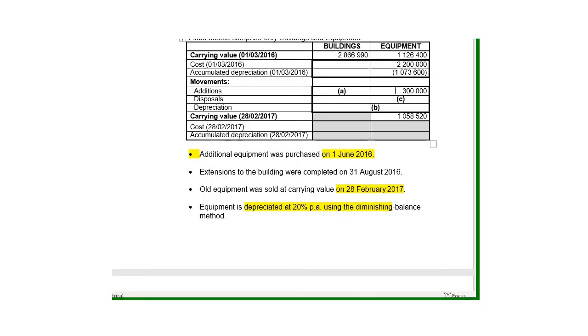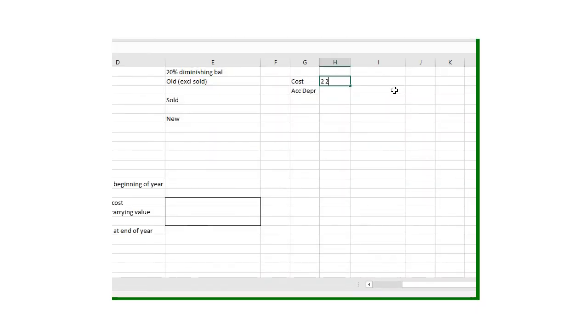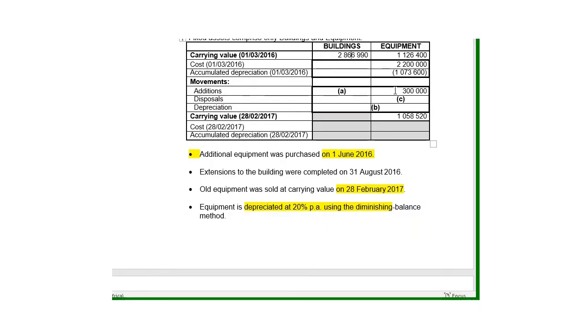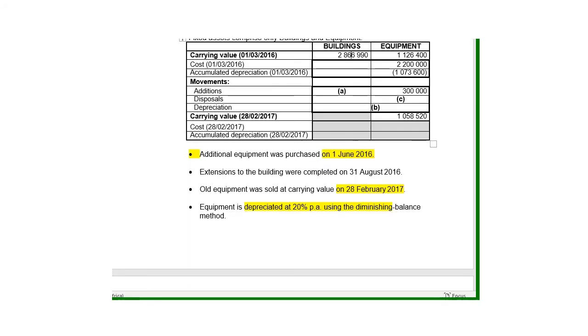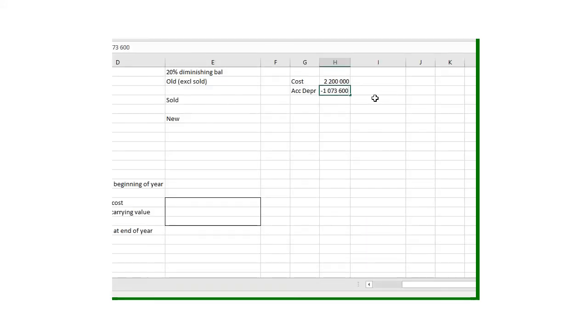So the cost was 2,200,000 minus the accumulated was 1,073,600. And that difference is 1,126,400, which I must multiply by 20%. And that will give me the depreciation for the old and the sold.